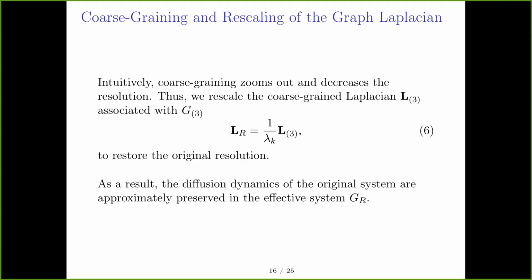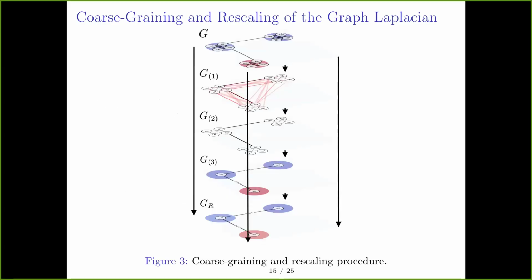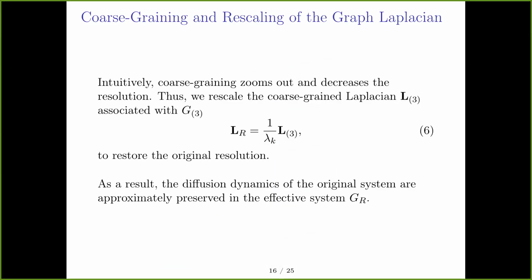What we're only accounting for is the transitions from that thing to that thing, but we are completely neglecting what happens inside here. There's some time it takes for information to diffuse in here and then transition. By multiplying the Laplacian by this factor, we slow down the diffusion, so we account for the fact that it takes some time for information to spread here. And this is the rescaling step.